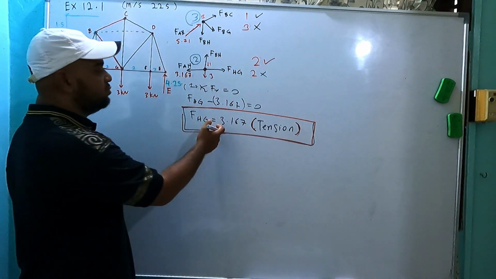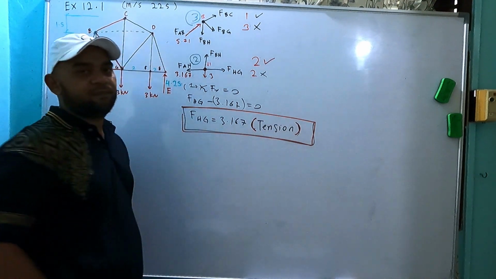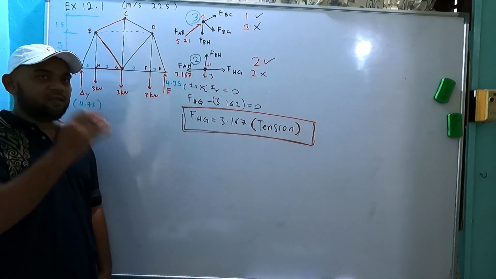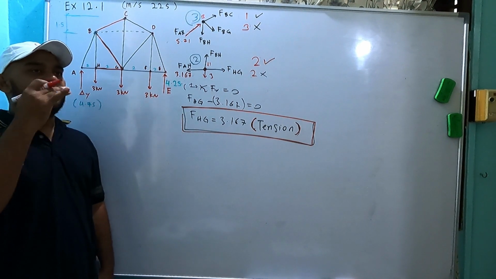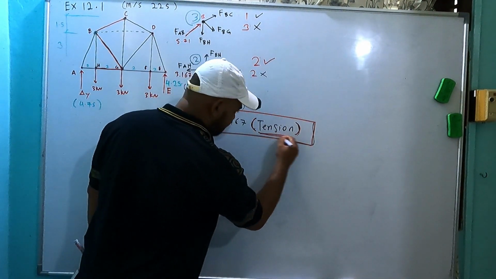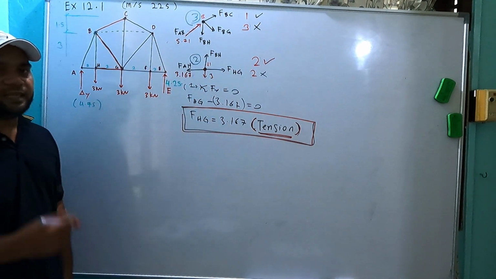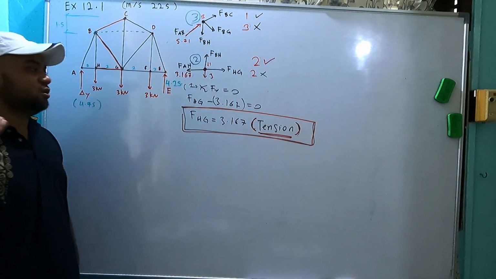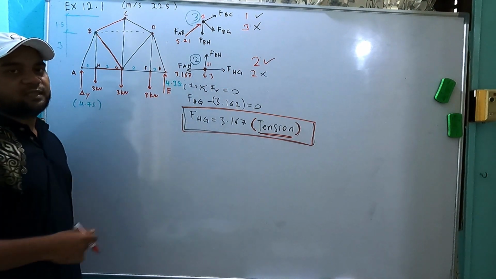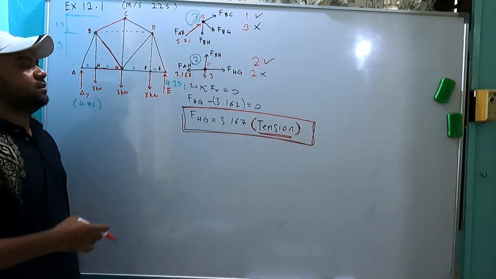If the final answer is 1 mark, so this is half, this is half. Because it is asked in the question, state the force inside and the condition, tension or compression. So you must write this one, in tension or in compression. Don't just assume it is positive in tension compression. No, you have to state it.